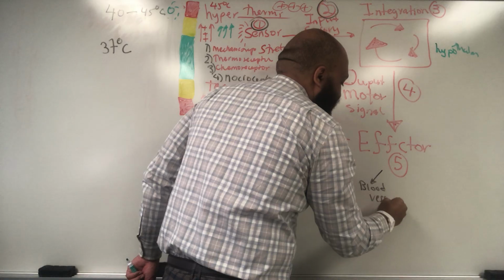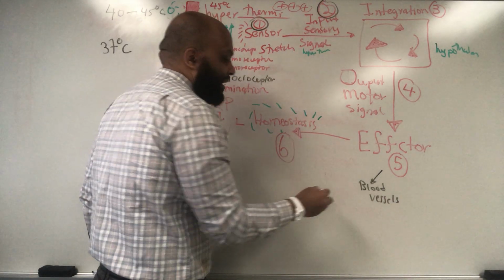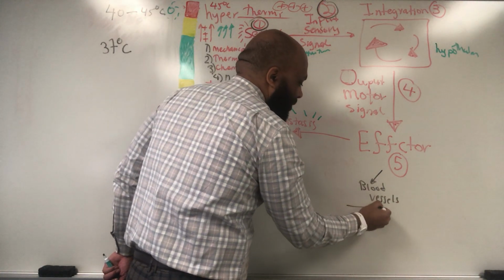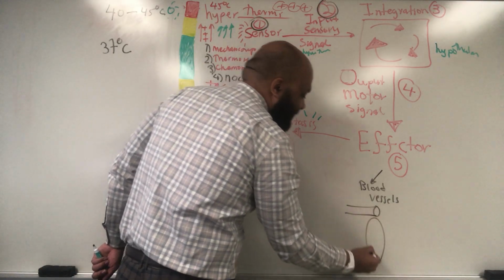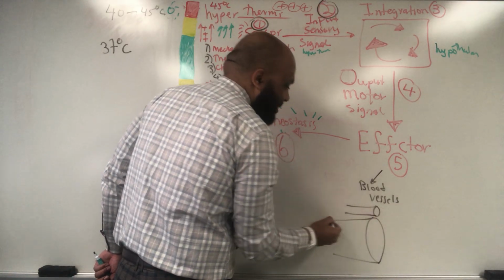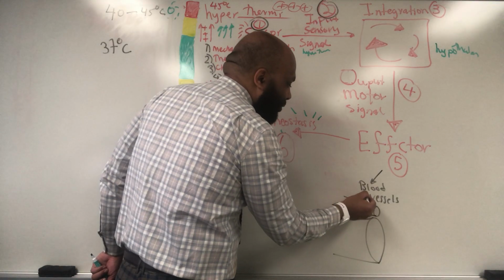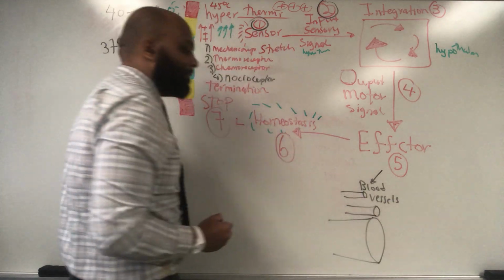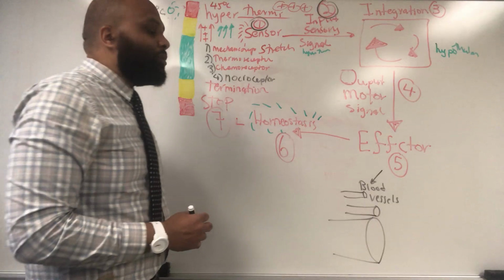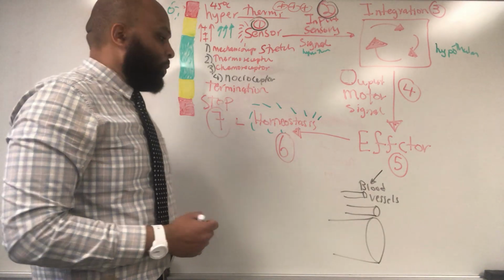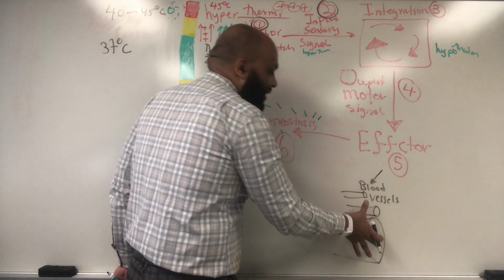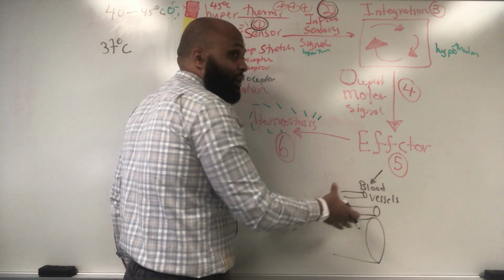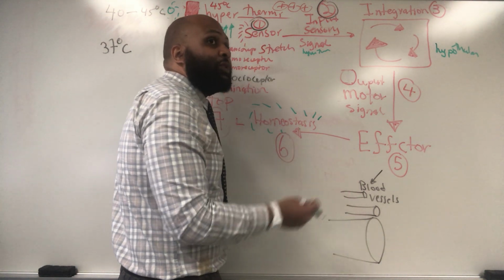Your blood vessels. So if your blood vessels were of this size, do you think they're going to increase in diameter like this, or do you think they're going to get even more tiny? When they get bigger, when they get wider, what do we call that?